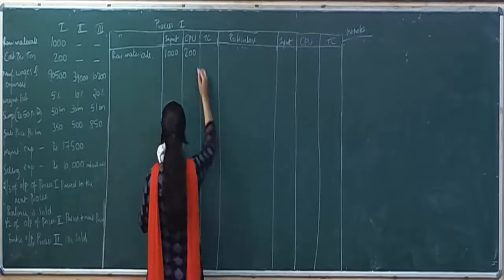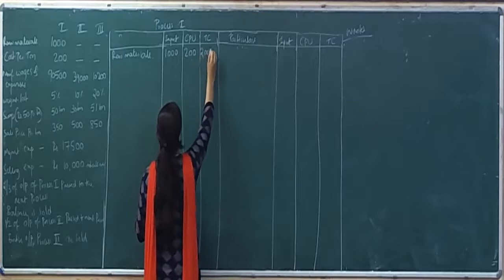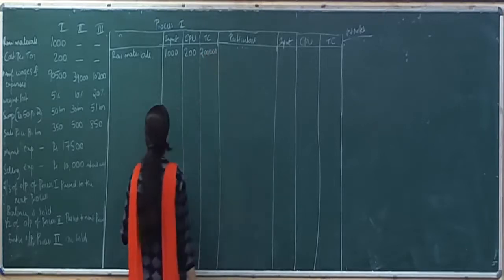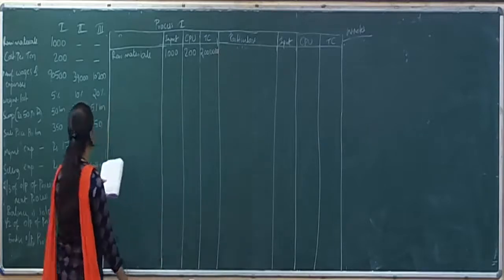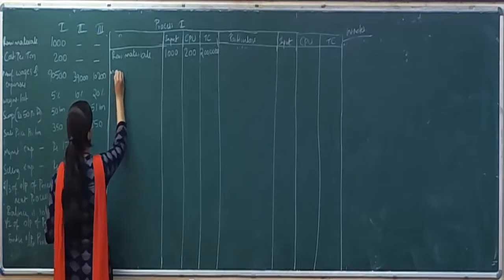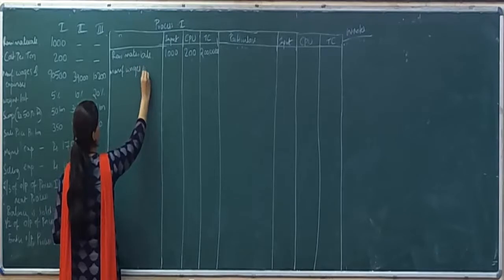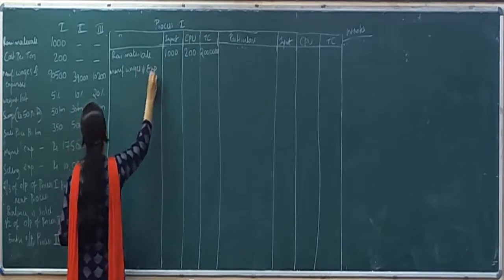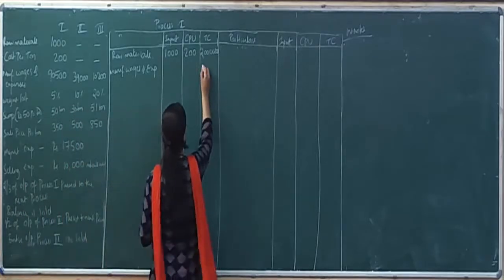So that comes to 20 lakhs. Next, manufacturing wages and expenses, that is 90,500.